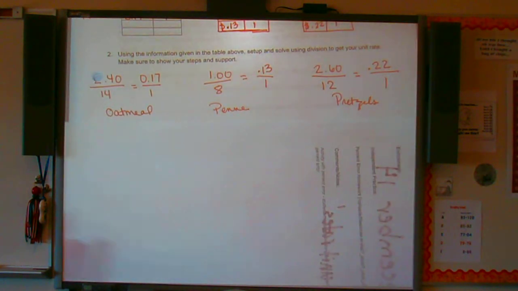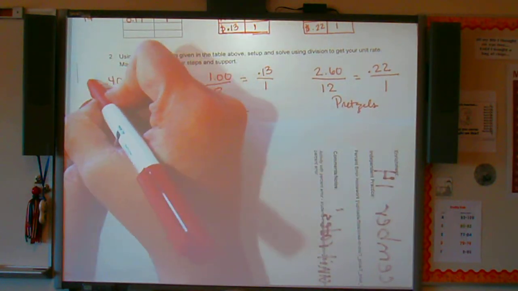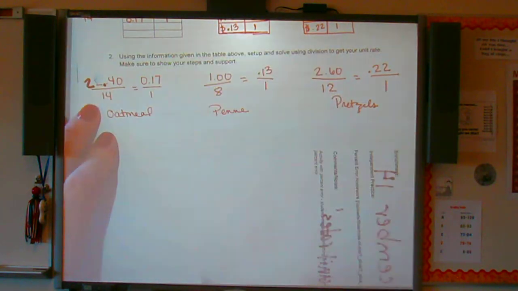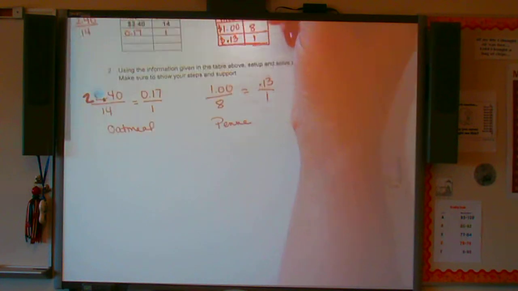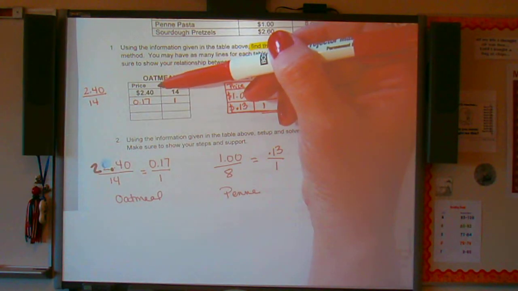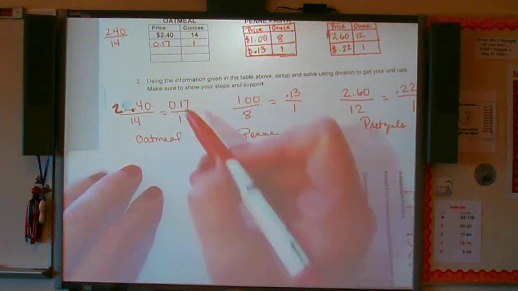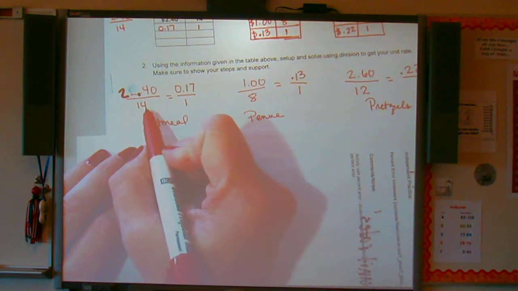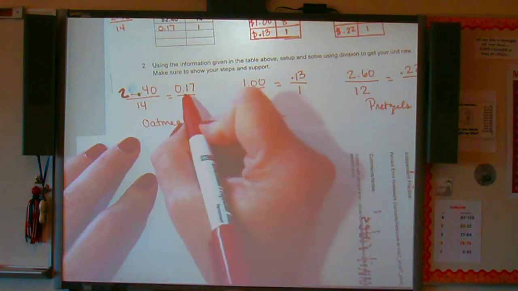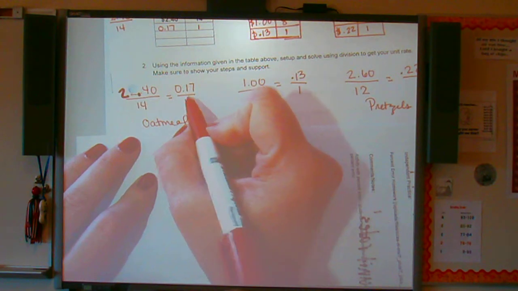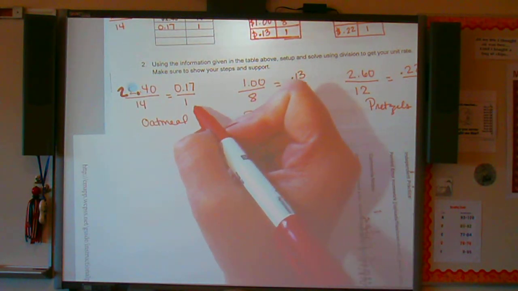For the oatmeal, if 14 ounces was $2.40, we wanted to know how much 1 ounce would be. So we had $2.40 divided by 14, and that came to 0.17. So it was $0.17 for 1 ounce.